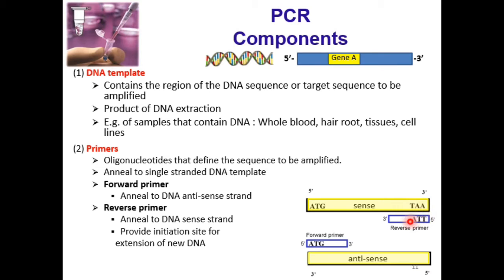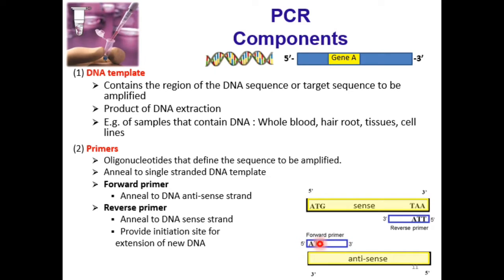They are designed in a way that they can anneal, attach, to the area of the DNA that we are interested in. So you are going to amplify this area according to the primers.